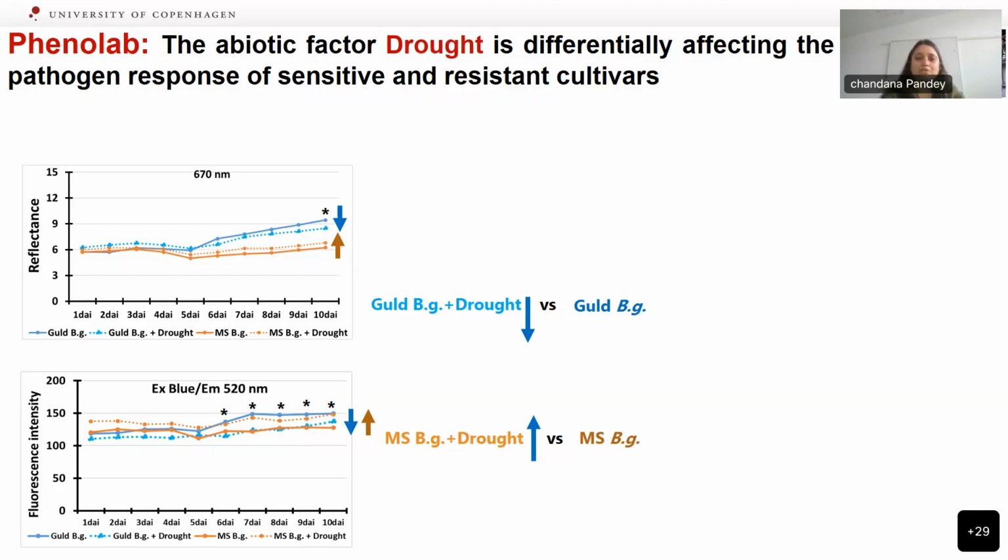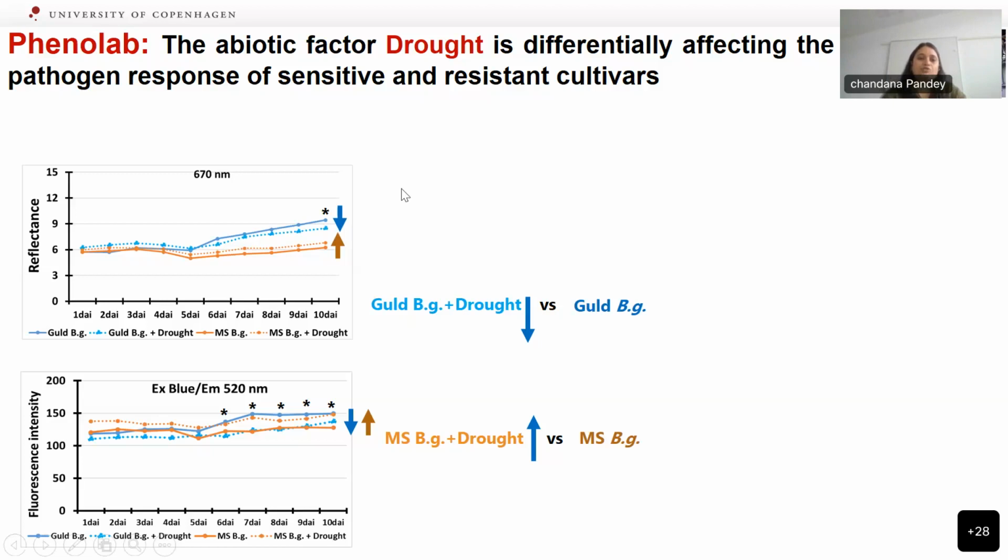So there are two things. One, why is drought affecting one cultivar and making it less healthy, and why is it making the other plant more healthy? That's what we were interested to see, and can we see it with the reflectance and the fluorescent data as well.